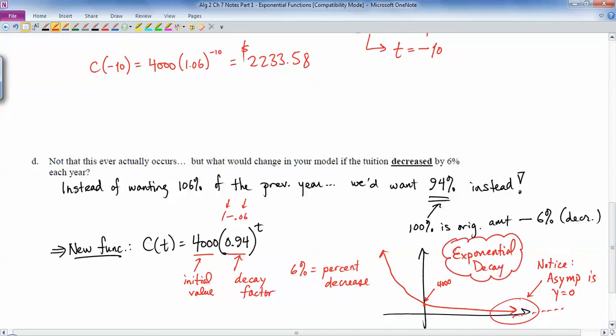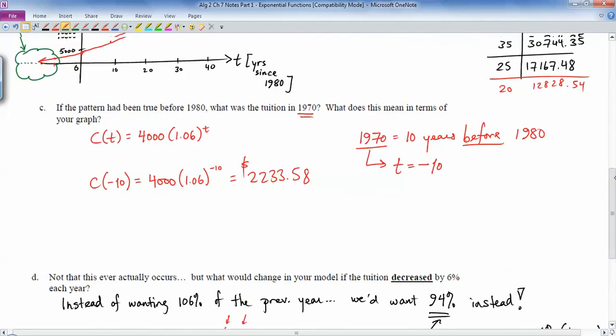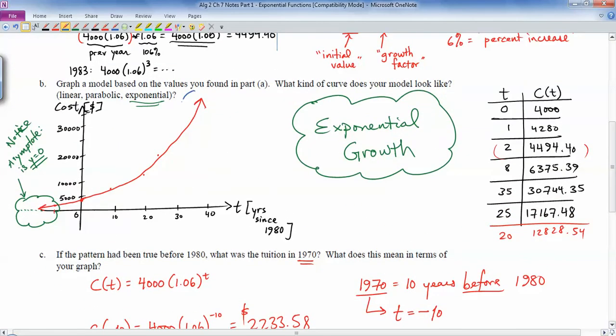Okay, I want to do one other thing with you. So go on back up to this graph. I want to talk about the end behavior here. So what happens as t gets really, really big? So as we go to the right, as t gets bigger, then what happens to the cost? That also gets bigger.